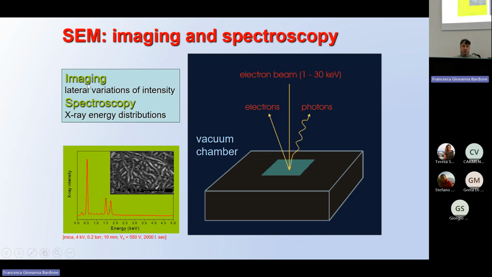Now I'm focusing on these two objects here, imaging and spectroscopy. So when an electron hits the surface, many different things could happen. And most of the systems are built to detect morphology and to detect chemistry.